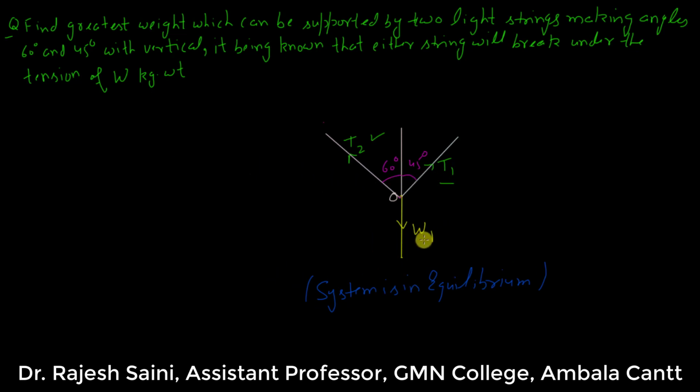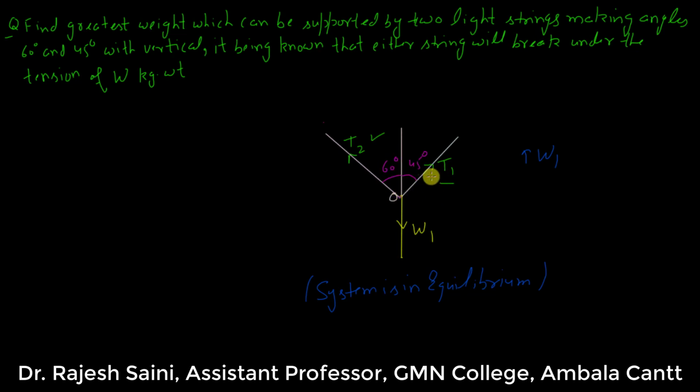One thing you have to understand is that as we go on increasing W1, these tensions will also increase because they have to support more weight. We are given that if either of the strings achieves the tension equal to W, the string will break, and once the string breaks, this system will become void.